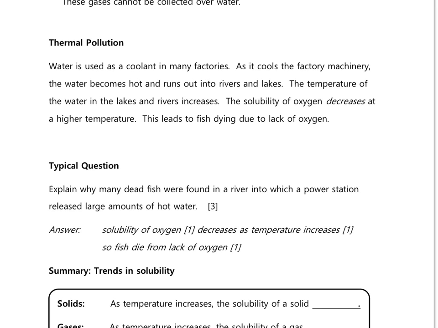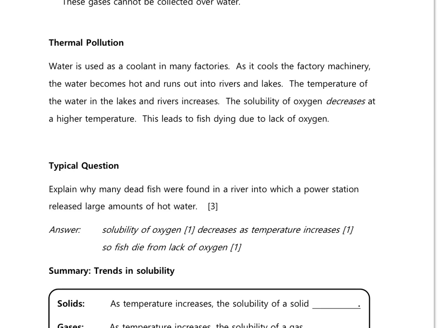It's why your fizzy drinks, when you take them out from the fridge and they're really cold, are really fizzy, because they've got lots of gas dissolved in them. But if you leave your drink out at room temperature, as it warms up, it'll become flat over time, and that's because not as much gas can dissolve into it. So that's why that is.